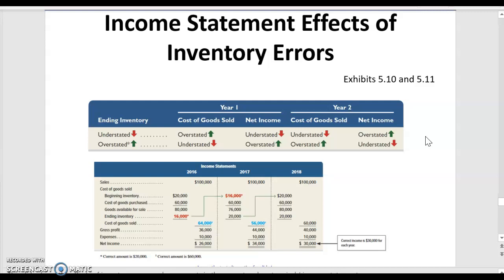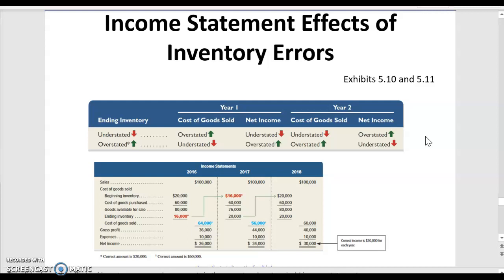Now, if our mistakes are not material in nature, that is, they don't affect the financial statements in a way that would make you make a decision that is different from the one that you're currently making, not material to the financial statements as a whole, then this probably isn't a big problem. However, remember the matching concept. We try to match our revenues and expenses in the same period.